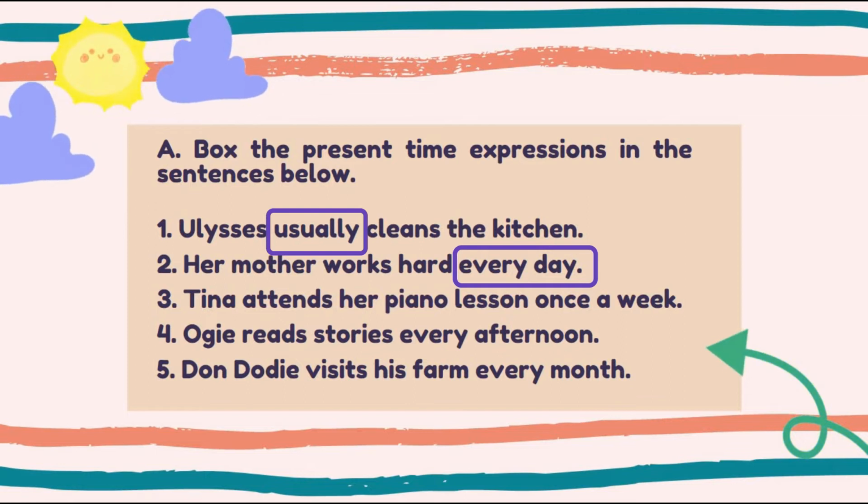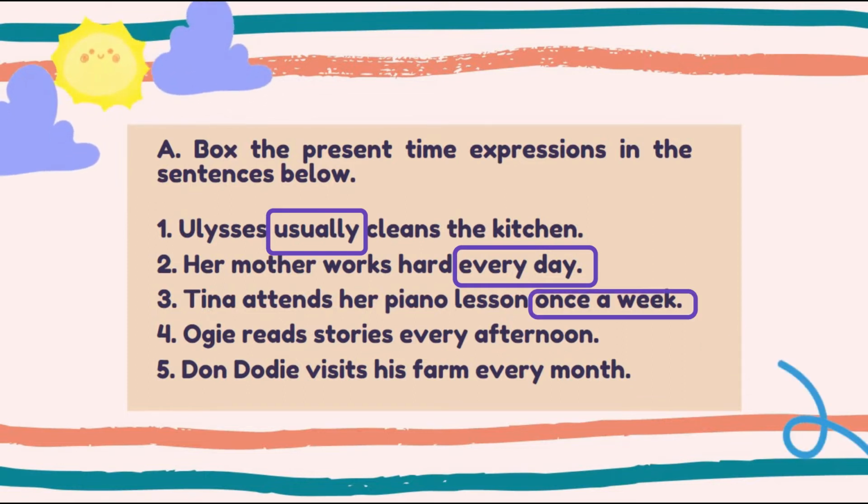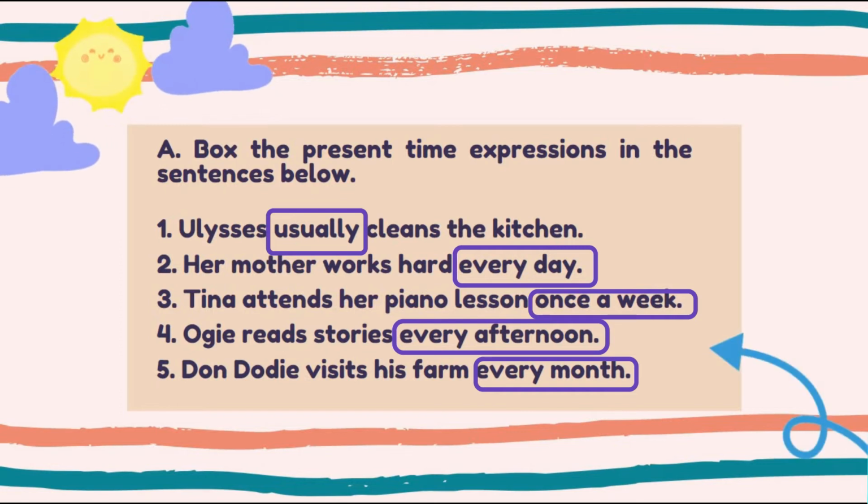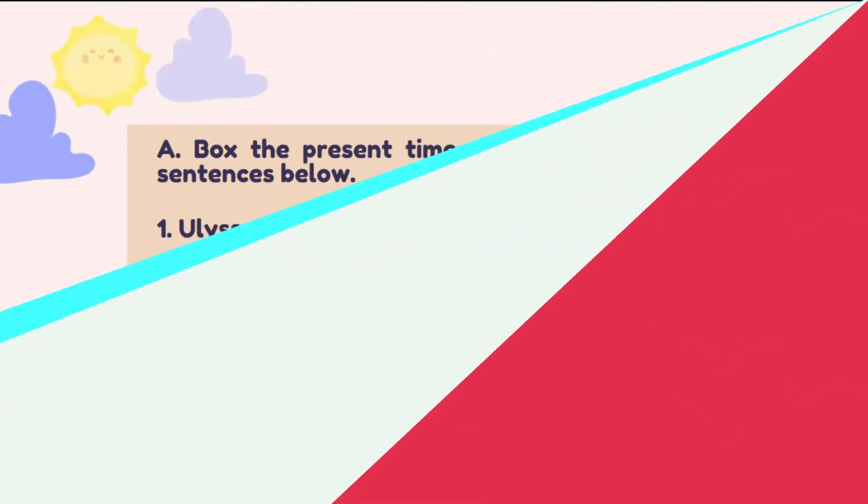Number 3, please. Great, that is once a week. How about number 4? Okay, that's correct, every afternoon. How about number 5? Perfect, every month. Let's proceed to our next activity.